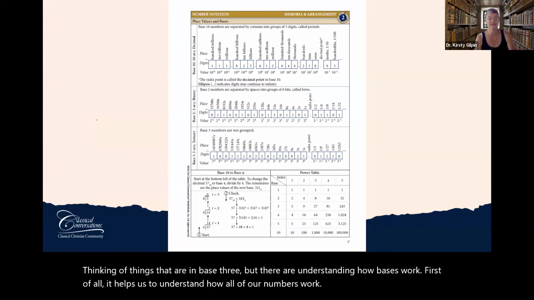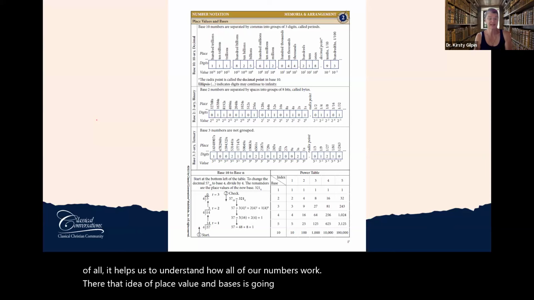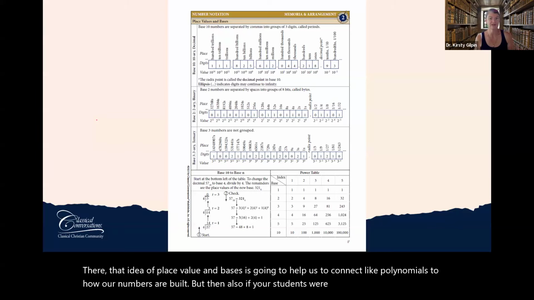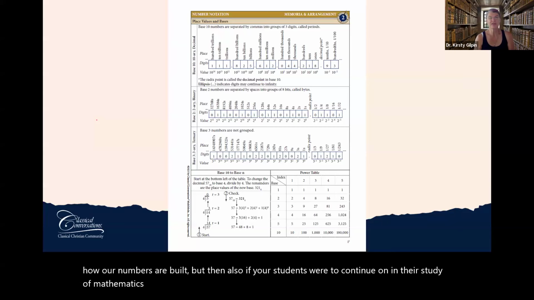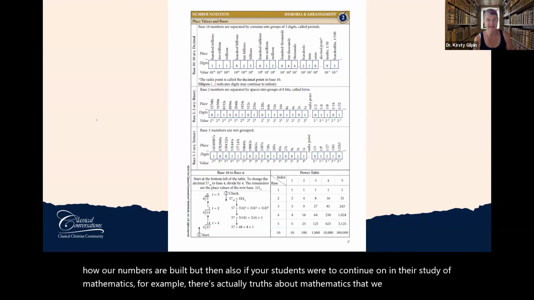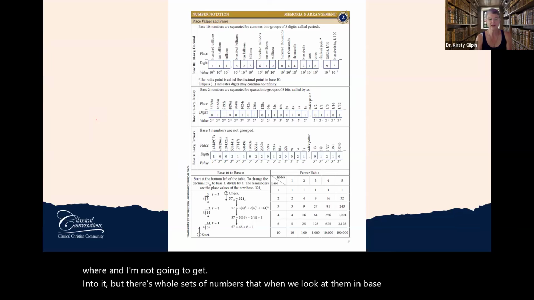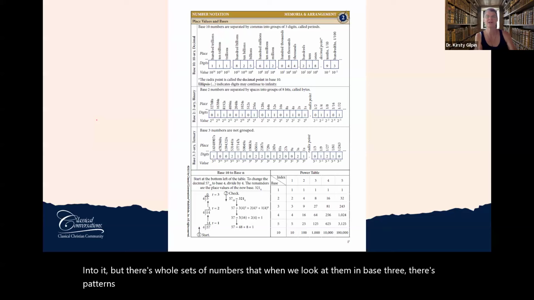That idea of place value and bases is going to help us to connect polynomials to how our numbers are built. But also, if your students were to continue on in their study of math, there are actually truths about mathematics that we can only see when we look at numbers expressed in different bases. Base 3 is an example of that, where there are whole sets of numbers that, when we look at them in base 3, show patterns that we would not see in base 10.